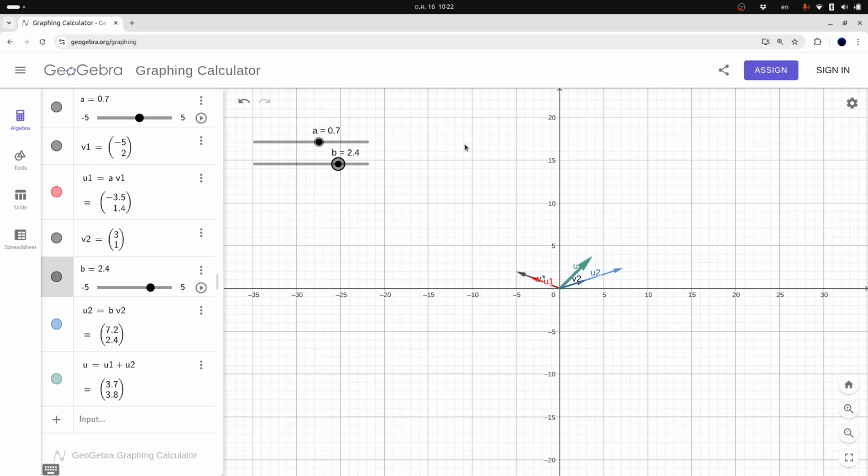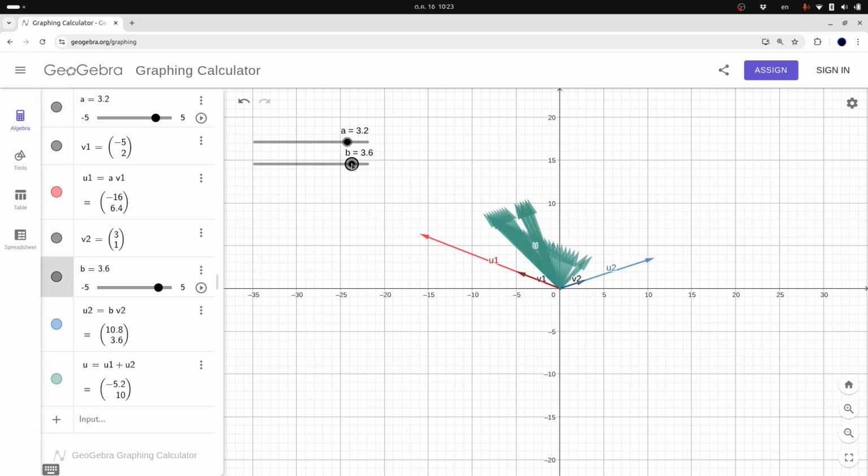So let's actually do something. If you want to be here, like this one, what should the scaling be? Let's try this one. So I should add a, a little bit like that, and then I should add b a little bit.